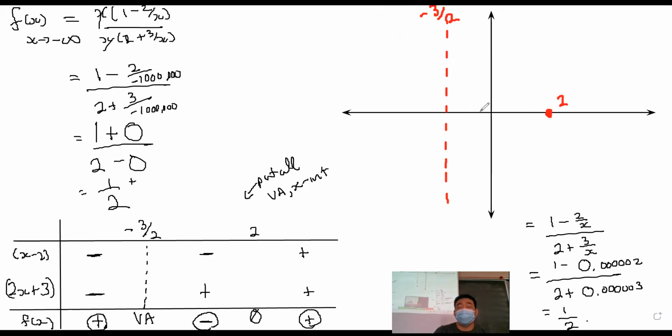My domain, my intercepts. What is my y-intercept again? -2 over 3. And the horizontal asymptote is half.